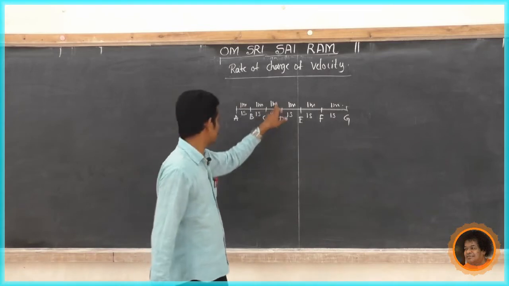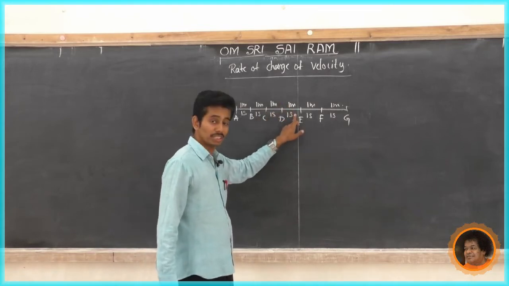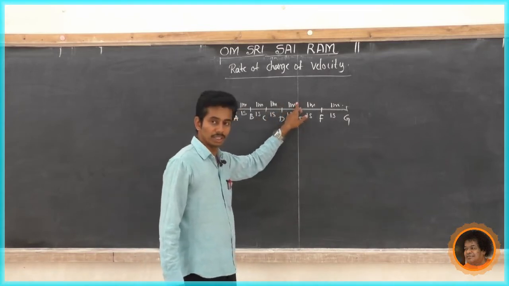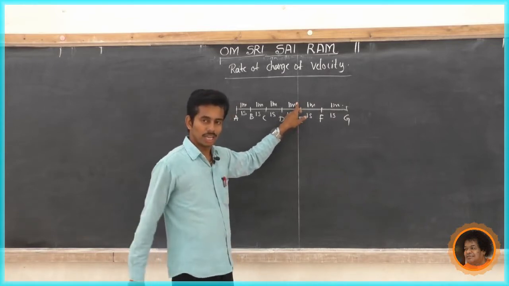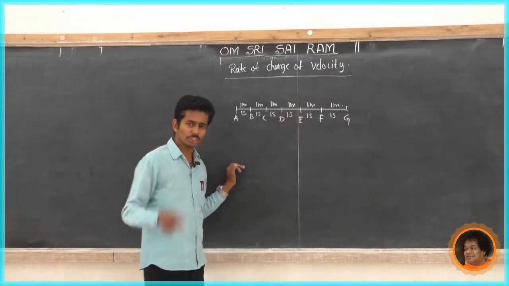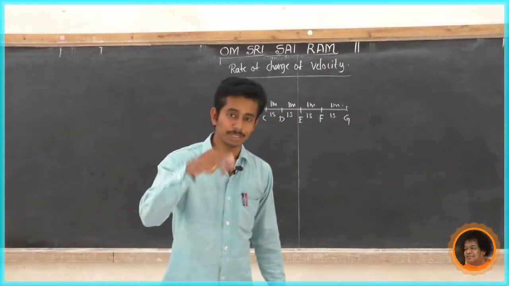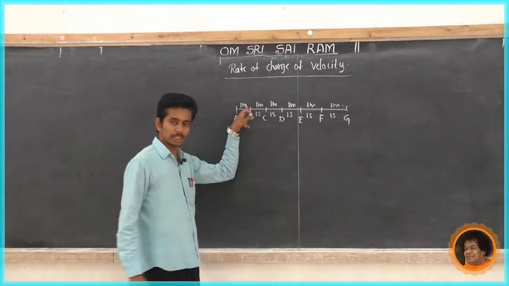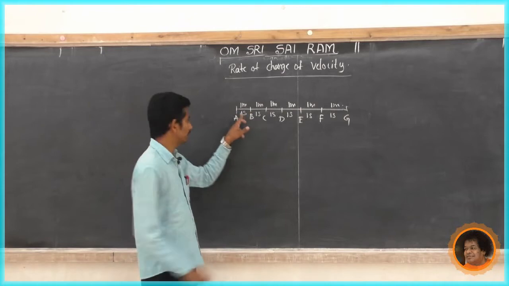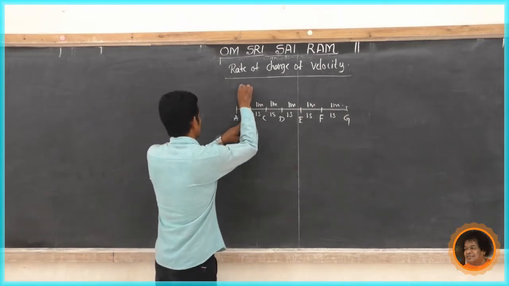In the next 1 second it covers 1 meter. In the next 1 second it also covers 1 meter. So what is the velocity? Velocity means displacement by time. That is 1 meter is the displacement, time is 1 second. So here our velocity is 1 meter per second.